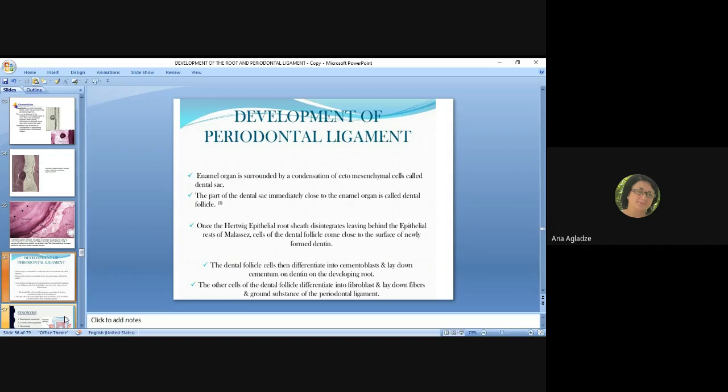At this stage, the fibroblasts have already been characterized as highly active cells. The fibroblasts and collagen fibers are already present here.